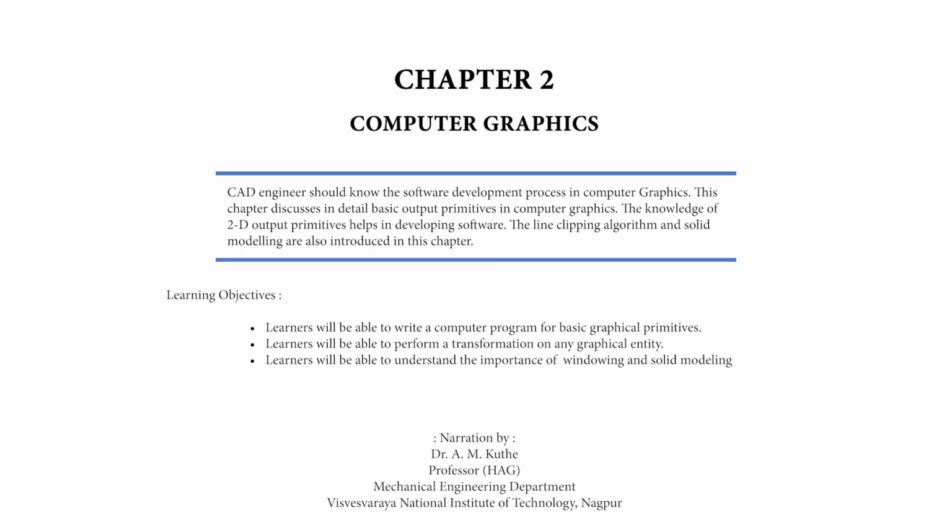This means if the value of the pi parameter is known, then the value of pi plus 1, that is the pi parameter for the next point, can be found out without going for the complete expression of pi as obtained in Bresenham algorithm. It can be shown that if pi is less than 0, pi plus 1 is equal to pi plus 2 delta y. If pi is greater than or equal to 0, pi plus 1 is equal to pi plus 2 delta y minus delta x. The computer program in C language is shown in Kindle version of book.